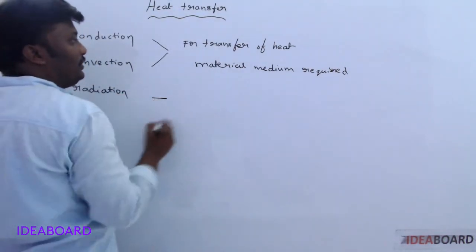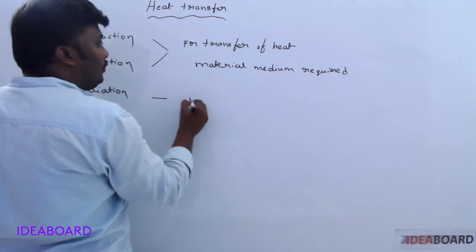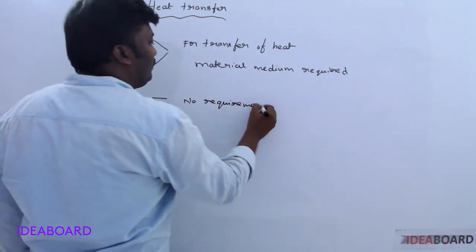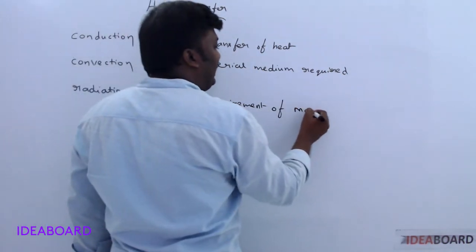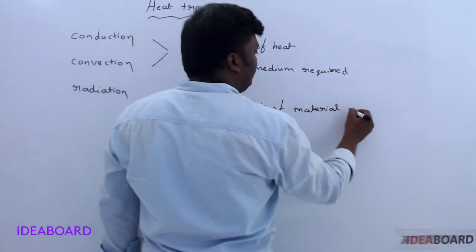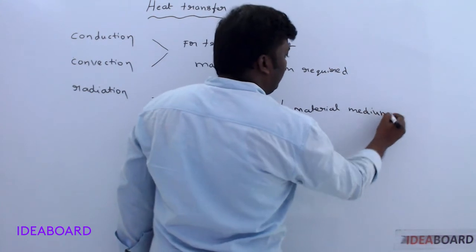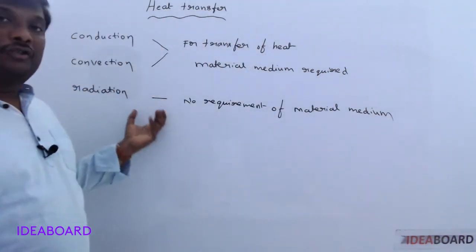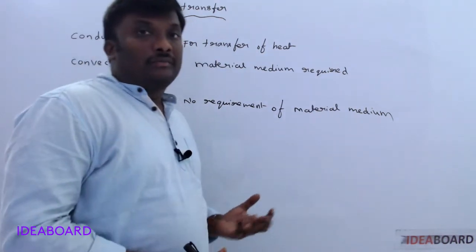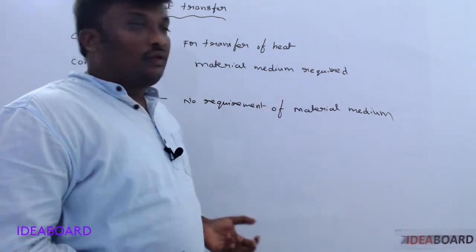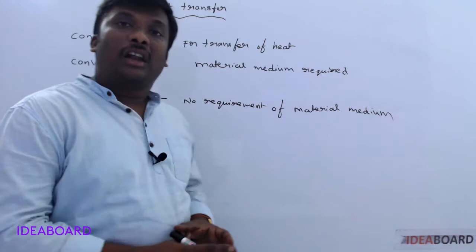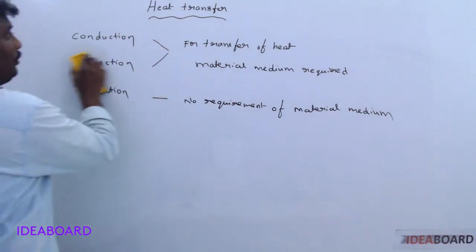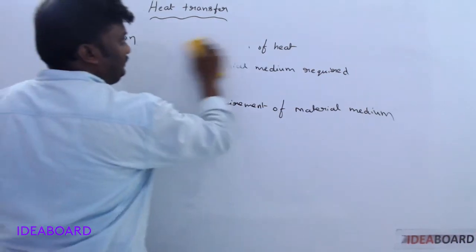But for radiation, there is no requirement of a material medium. Even in vacuum, radiation is possible, but vacuum means no medium, so conduction and convection are not possible. Okay, now let us discuss conduction first.